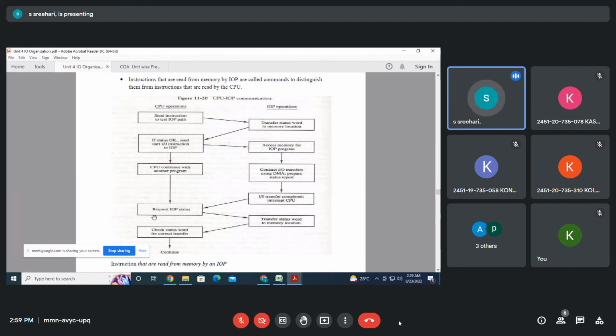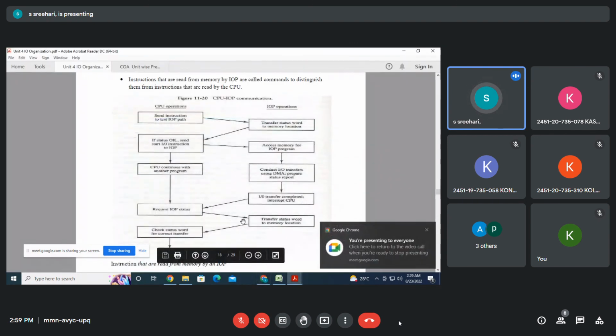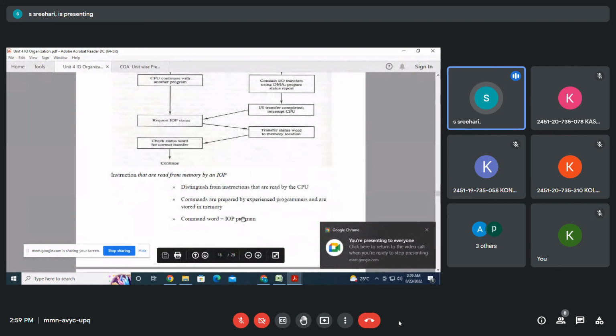Then it places the status in the memory location, and the CPU checks that particular status in that memory location. Like that, it checks the status using this CPU IOP communication. That is how it is done with your CPU IOP communication.